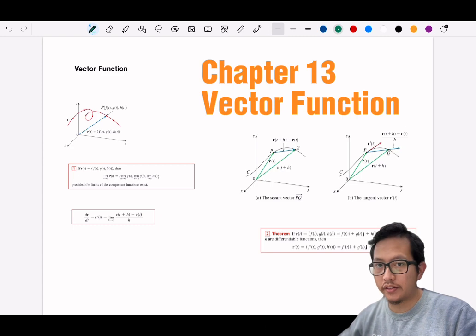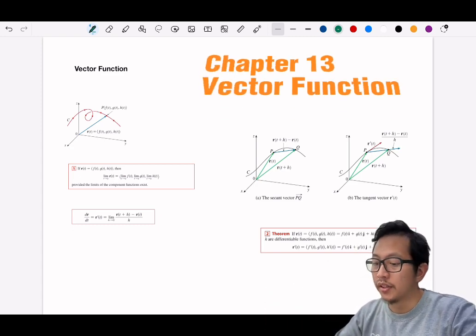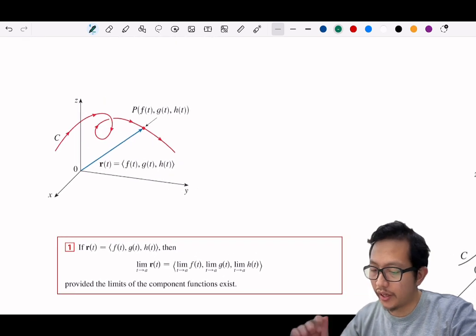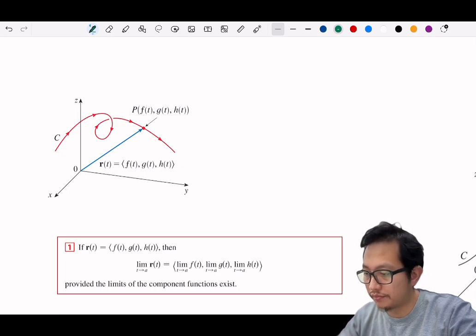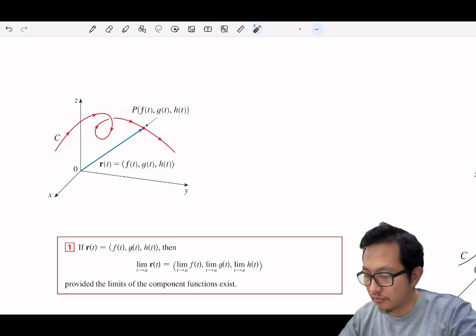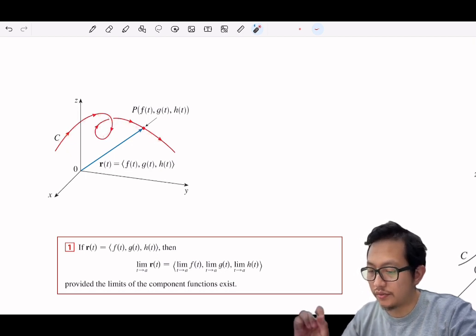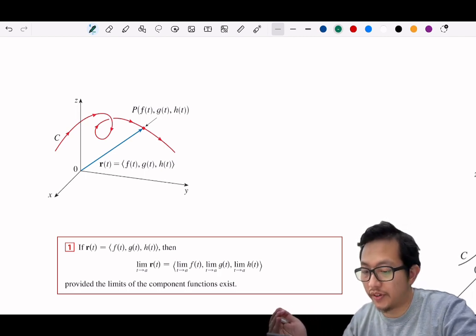definition first, the vector valued function. Basically we learned about vectors in chapter 12. So suppose we have a curve, the red curve C in this picture. We could define at every point of C, with a parameter t, a position for each variable t.